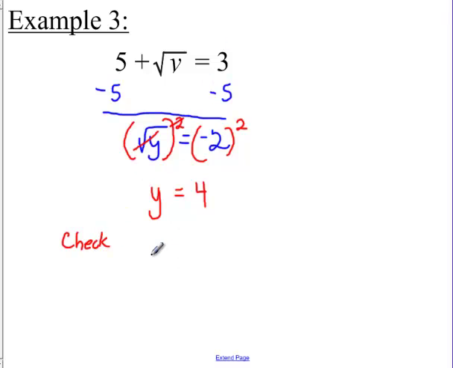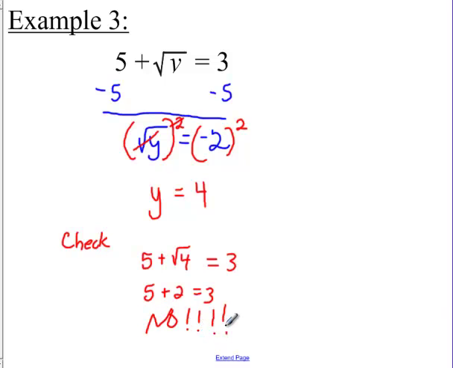5 plus the square root of 4 equals 3. Is 5 plus 2 equal to 3? No! Who sees it?